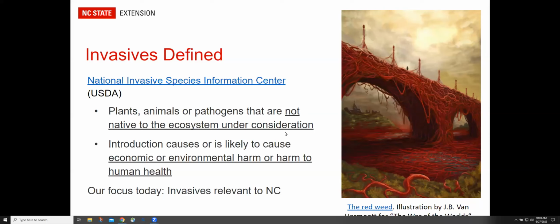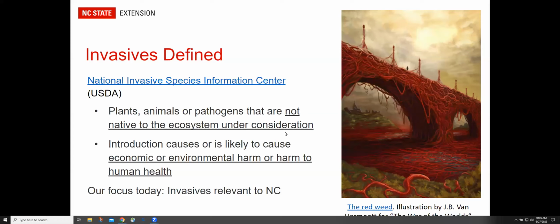And you see in the picture I have here is of redweed. And this is thanks to Mike, as we were talking back and forth about invasives. He shared with us from the War of the Worlds that redweed was a plant brought to Earth by the Martians, and it took over.